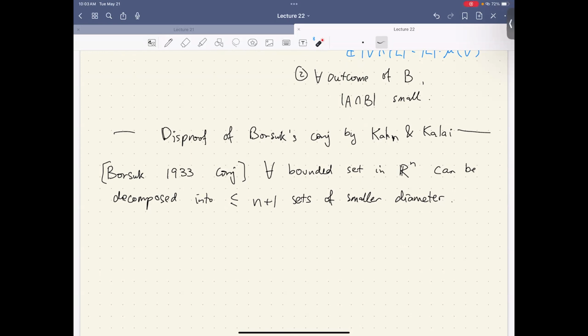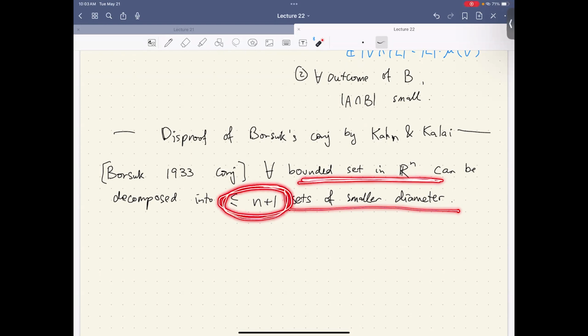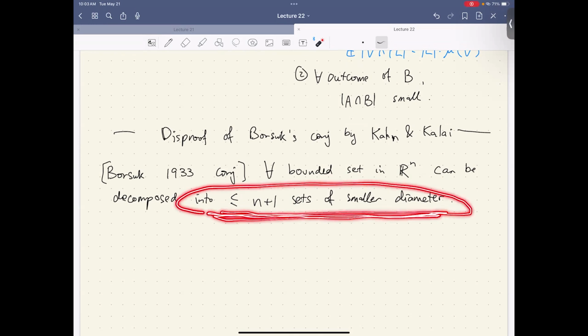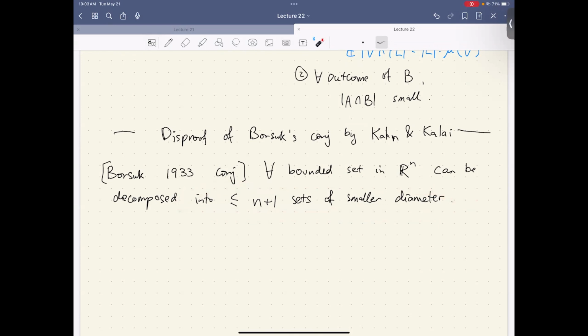Not only can we not use n+1 sets of smaller diameter to cover the original set; in fact, linearly many or polynomially many, even exponentially many, is not enough. So they found a set for which, if you want to cover it by smaller diameter sets, you need exponentially many.